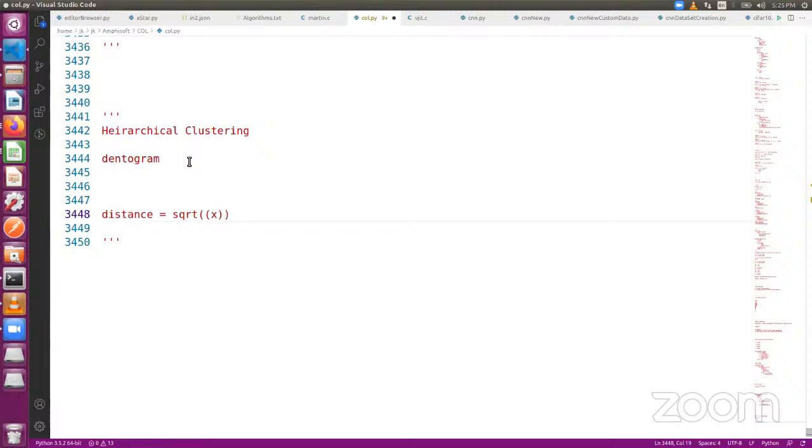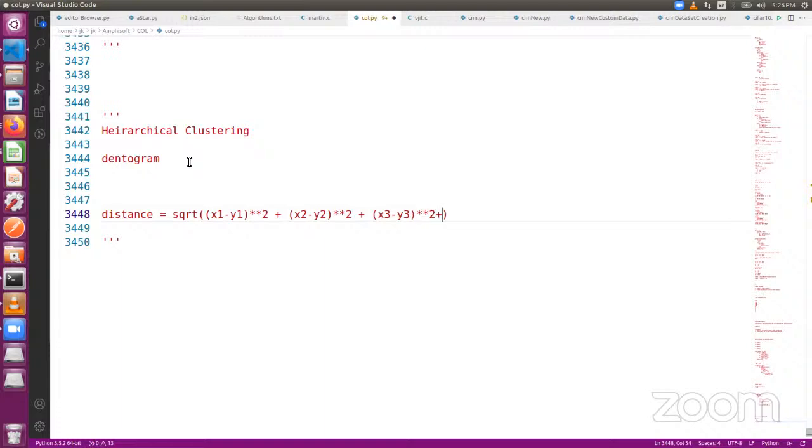If you put x1 minus y1 or y1 minus x1, both are going to be the same.